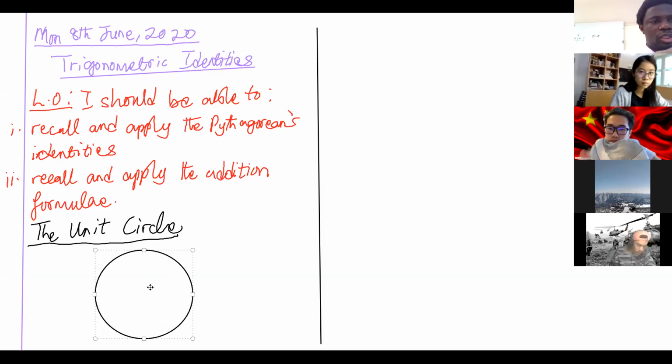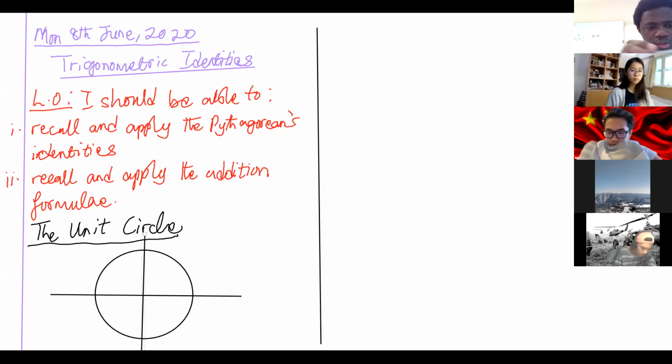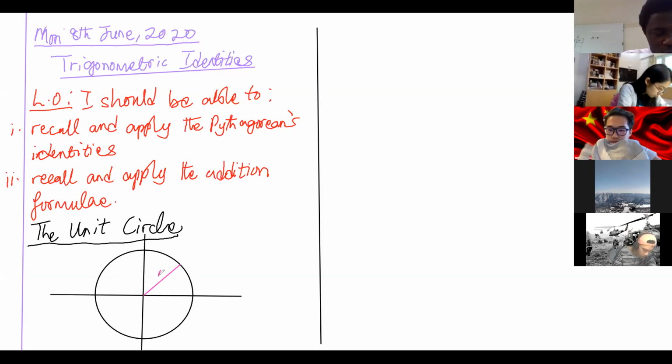If we have a unit circle, of course, on the XY plane with radius 1, we are talking about this shape, for example. We'll keep referring to this unit circle, by the way. So this is 1.